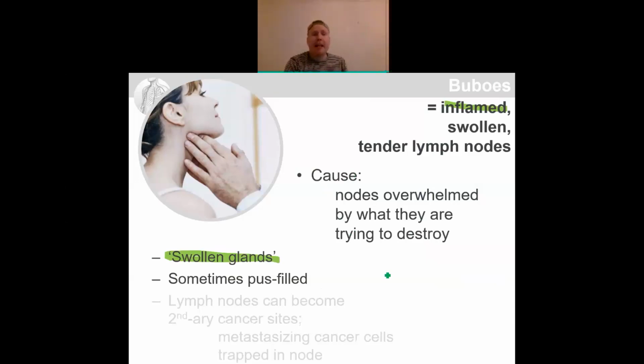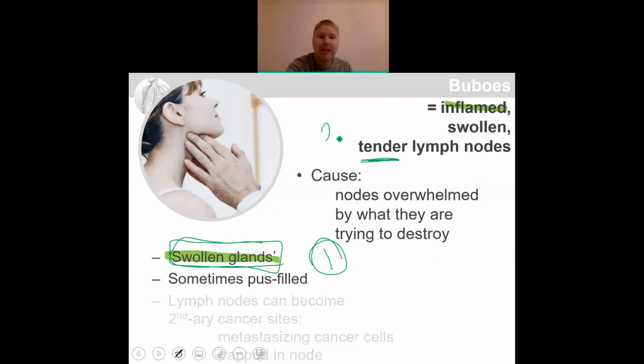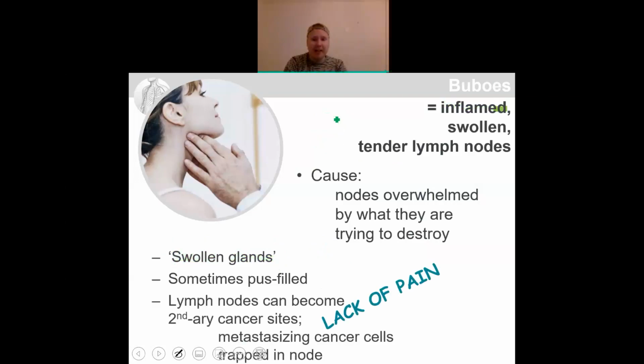Really, the only thing that I have here to mention anymore was what we already discussed about swollen lymph nodes, swollen glands. They are very tender, very sensitive to touch, in addition to swelling. And this is because now there's a lot of white blood cells within these lymph nodes, these glands.